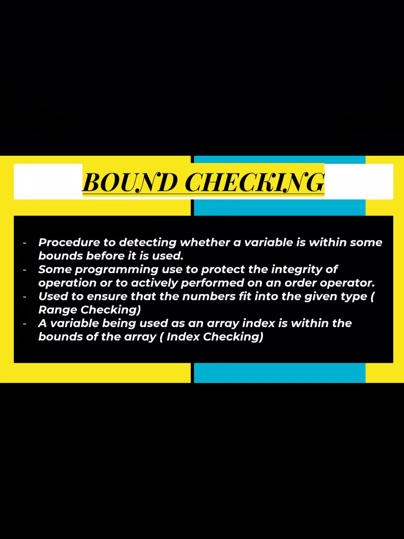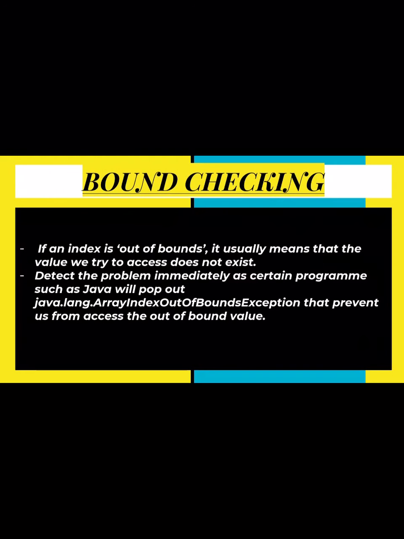As you can see in the first slide, it is a procedure to detect whether a variable is within some bound before its use. Some programming languages use it to protect the integrity of operation, like a variable being used as an array index is within the bound of the array, index checking. Next slide: it also solves certain problems such as array index out of bounds.